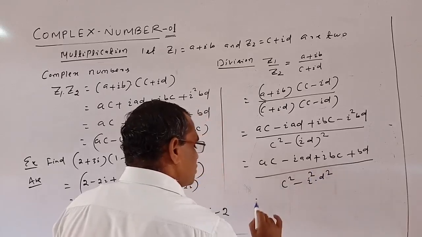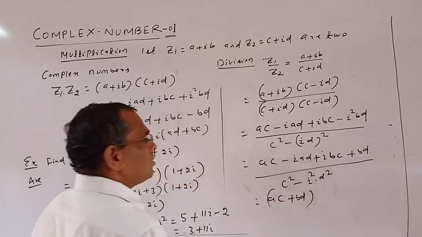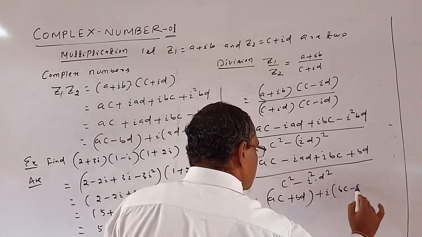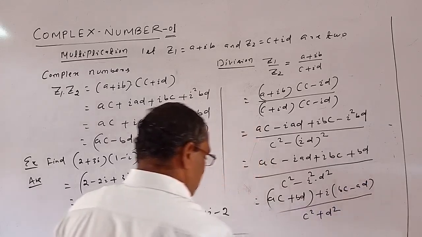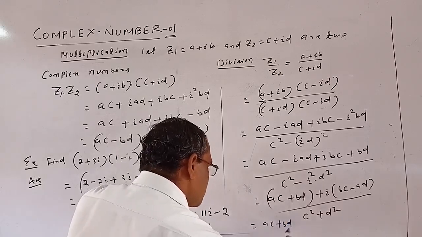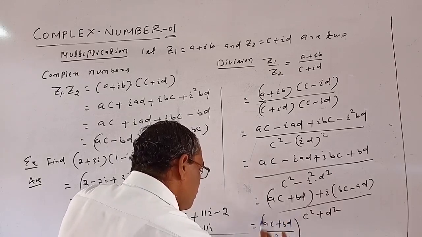So this is ac plus bd plus i into bc minus ad, by c square plus d square, and this is ac plus bd by c square plus d square. Okay.